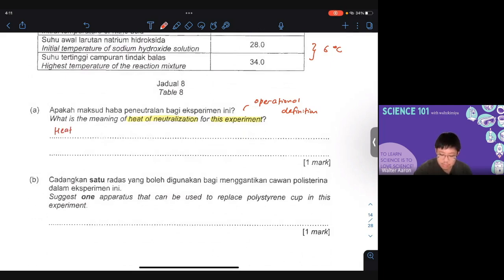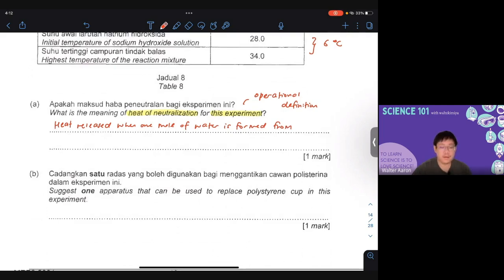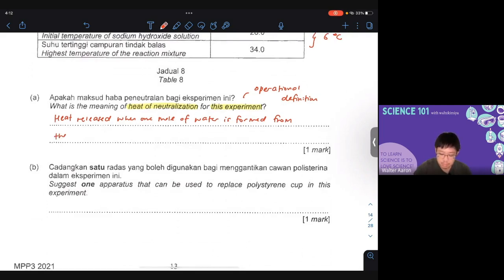Okay, heat release when 1 mole of water is formed from the reaction between nitric acid and sodium hydroxide.